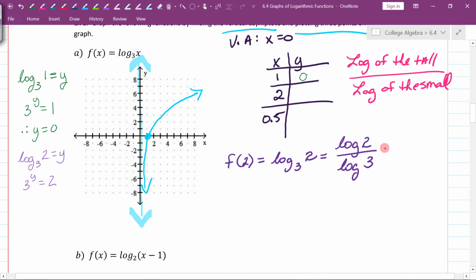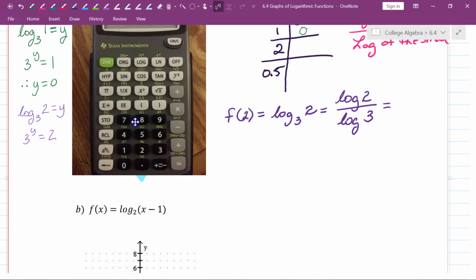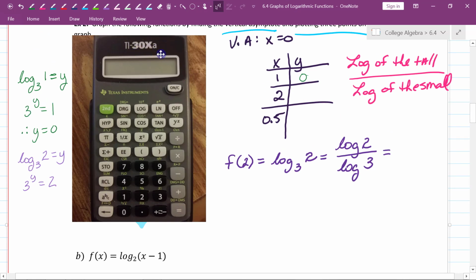So grab your calculator right now, and I think I've got a calculator picture here. The way you're going to calculate this on this calculator, which is a TI-30XA, you're going to first put in the numerator, so it's going to be 2. So you're going to come down and hit 2.